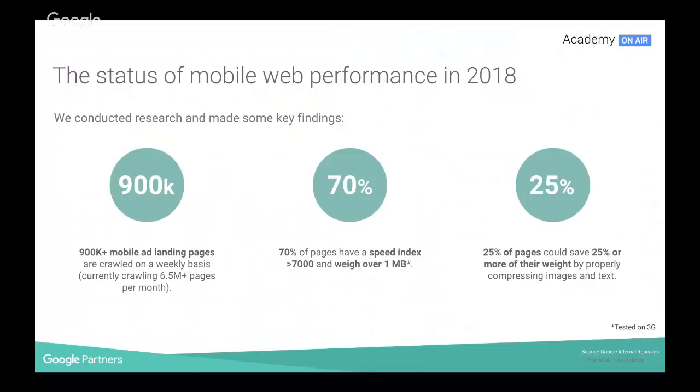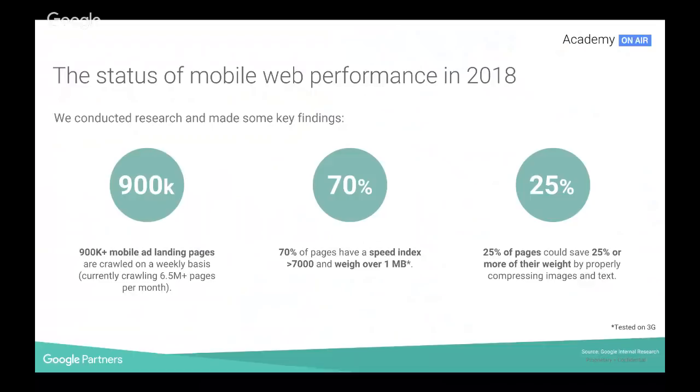According to this research, the speed index for almost 70% of pages was more than 7,000, which means that it takes more than 7 seconds for a majority of websites to have their content become interactive as soon as the user lands on that page. And do think of the last time you actually waited for 7 seconds for a website to load on your smartphone. Unless you're really bought into the website, chances are that you'll just move on.